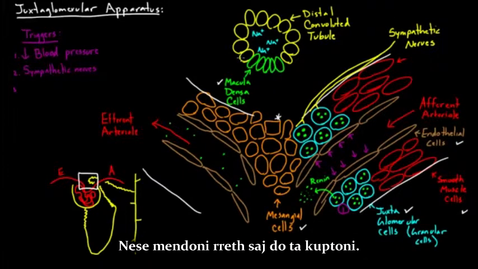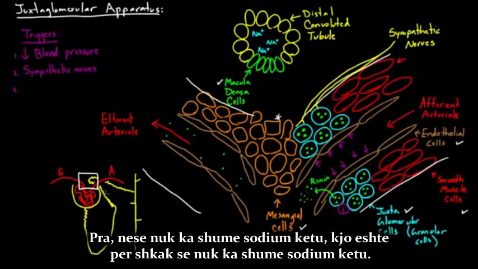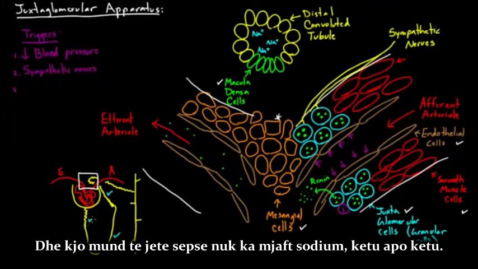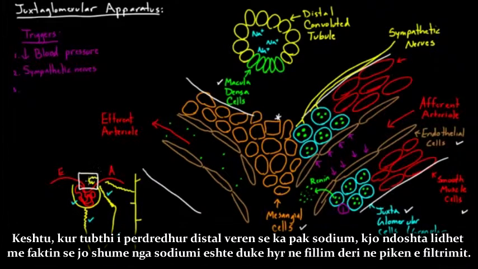And if you think about it, you can figure it out too. If there's not a lot of sodium here, that's probably because there's not a lot of sodium here, and that could be because there's not enough sodium here or here. So really, when the distal convoluted tubule senses low sodium, it's probably related to the fact that not enough sodium is getting in at the get-go, at the point of filtration.